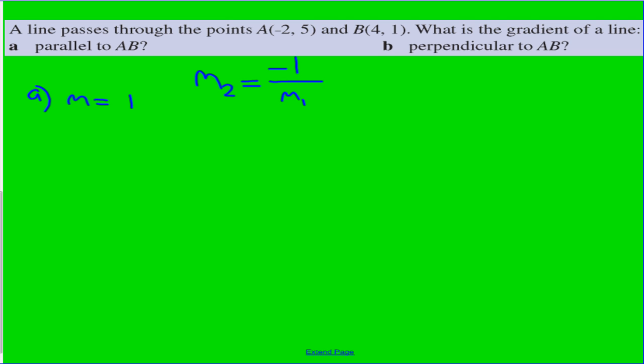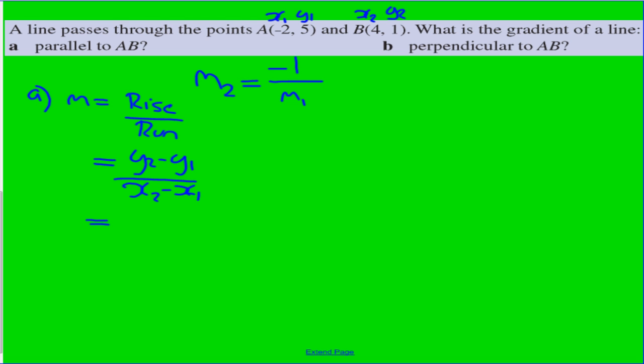So answering part A straight up, we need to work out what M equals. Now remember, M is equal to the rise divided by the run. Or when you're given coordinates, the rise is the difference between the two y values, so y2 minus y1, divided by the run being the difference between the two x values, so x2 minus x1. Filling in the points we're given, y2 is here, which means y1 is that one, x1 is there, and x2 is the 4.